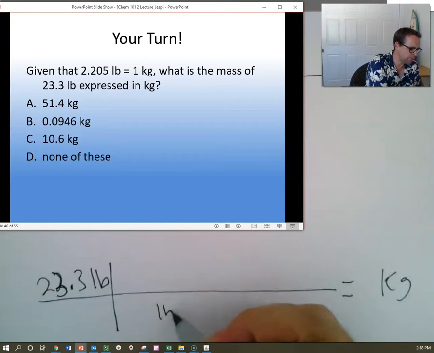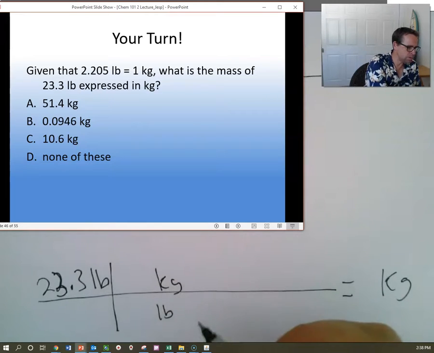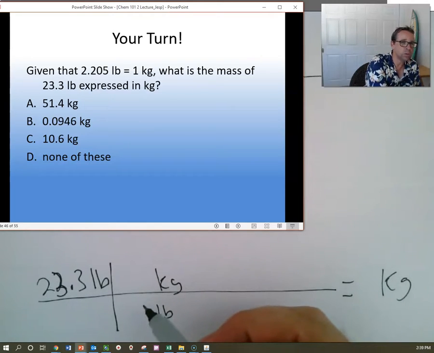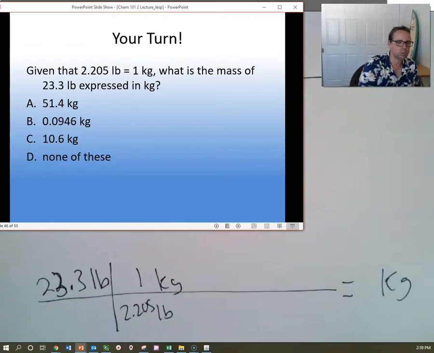And then we can go from pounds to kilograms using our 2.205 pounds for every kilogram. And then we would just take our 23.3 divided by our 2.205, and that's our 10.6.